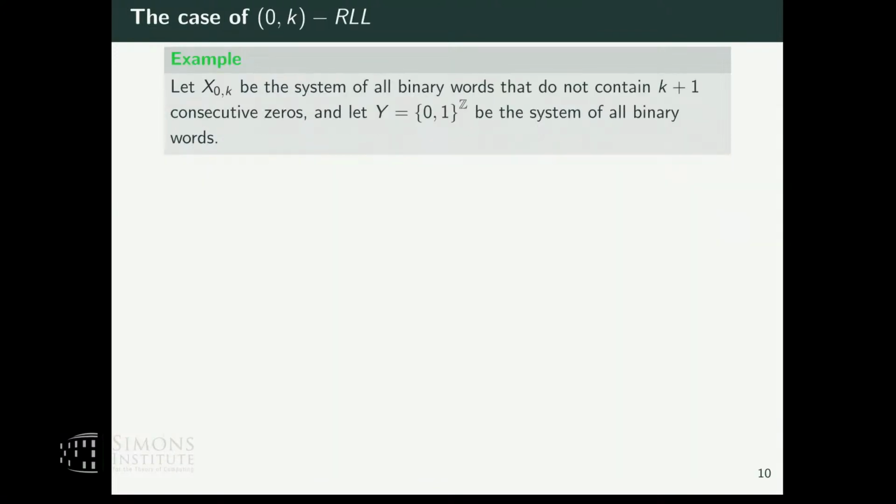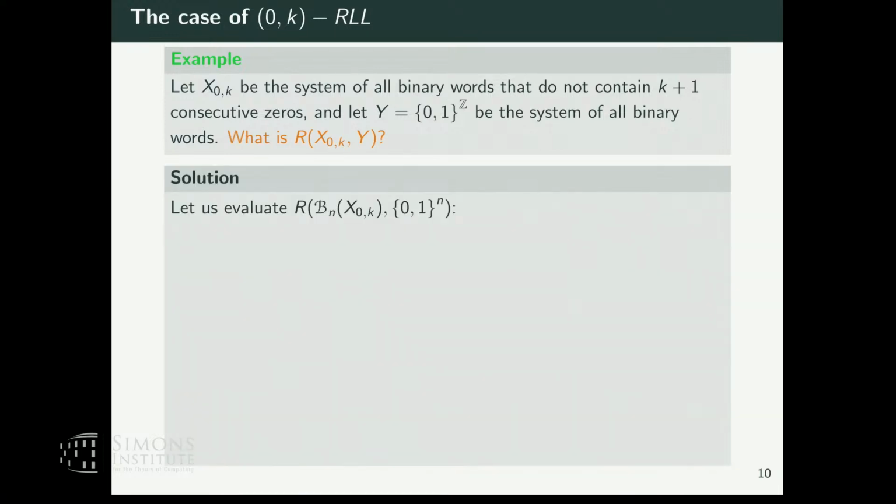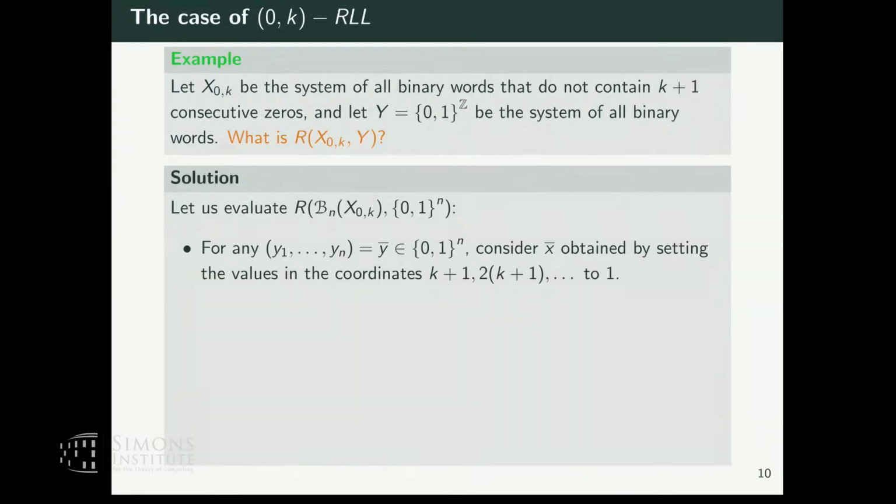As an example, for the 0k RLL that I mentioned before, this is the set of all strings that do not contain a run of length k plus 1 zeros. What is this covering radius? Well, we can evaluate it. We can easily see that we can force our way into becoming 0k RLL by taking any position that is a multiple of k plus 1 and forcing a 1 into it.